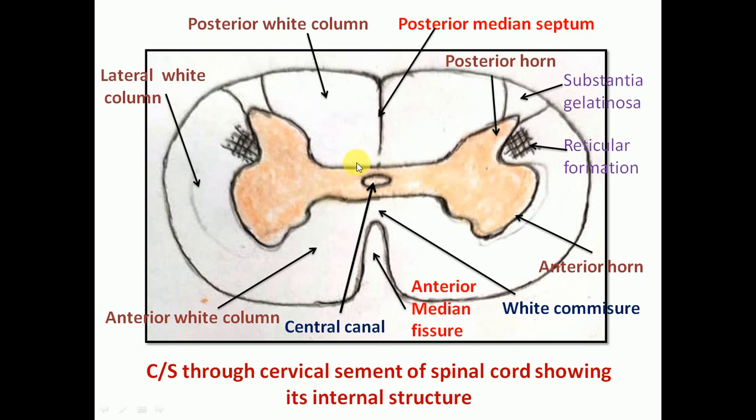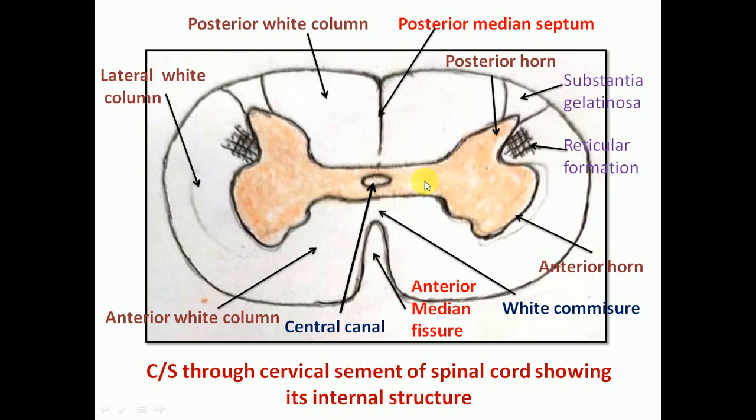This internal aspect of the spinal cord is divided into two equal halves by the anterior median fissure and, posteriorly, the posterior median septum or sulcus, into right and left equal halves.